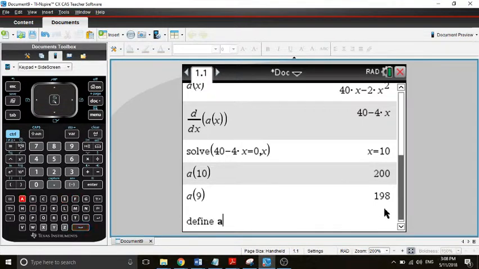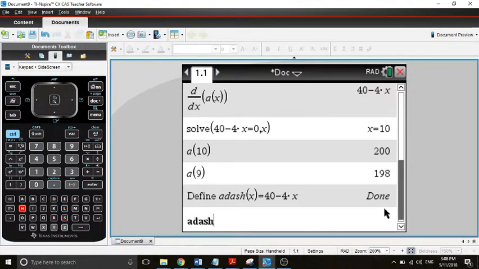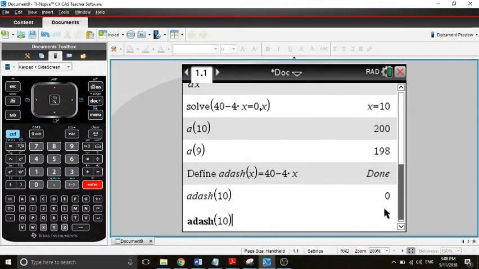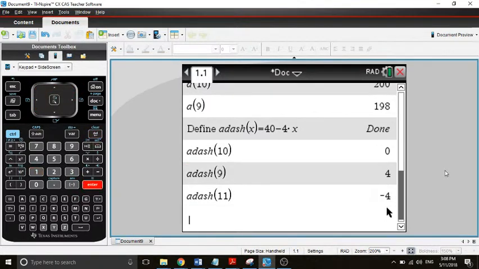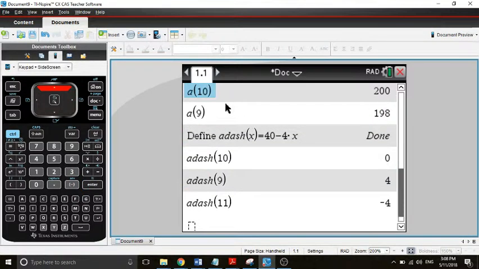Define A dash of x equals, that's our derivative. So A dash of 10, we know it's 0. A dash of 9 is 4. A dash of 11 is negative 4. So we've got positive, 0, negative. That tells us that at (10, 200), it's a maximum. So that's how we find that it's a maximum.